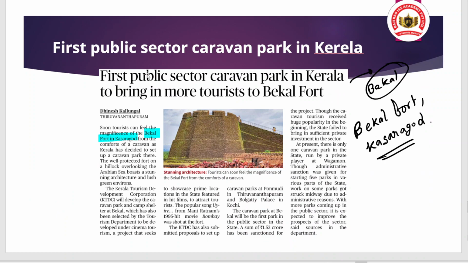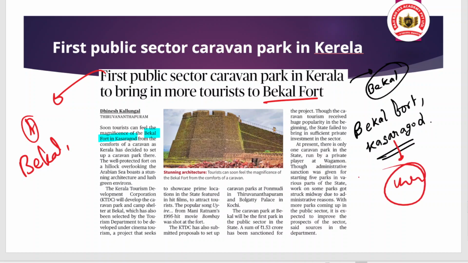Now, the second article is related to the first public sector Kareba Park in Kerala, and why this is being promoted: because of tourism. There is a fort near it that is known as Bekal Fort. Remember Bekal Fort. It is in Kasargod, and Kasargod is located in Kerala.